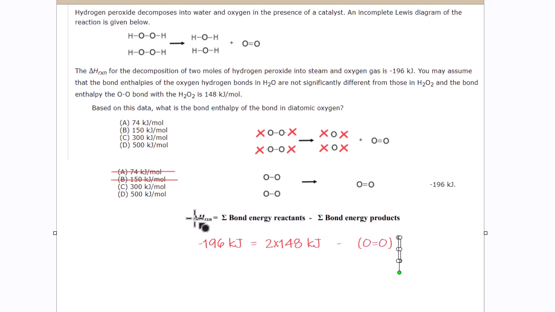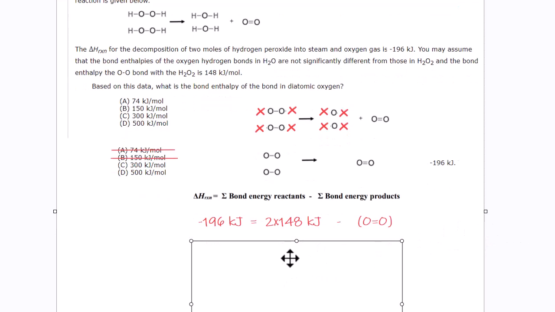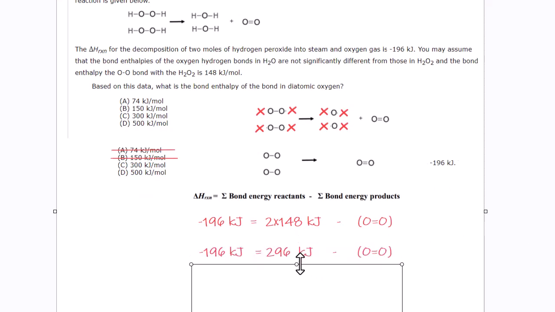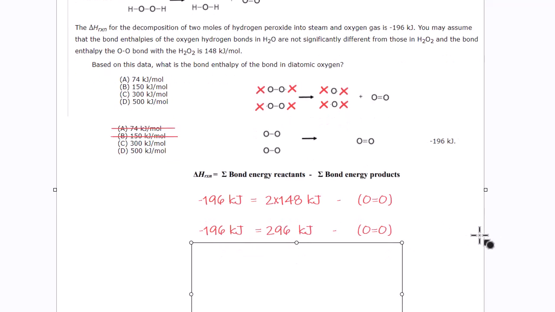This is the only reaction where we've got the reactants before the products, but that's because we have delta H here and we have bond energy here. Well, the math is going to be easy. You've got a calculator now with the multiple choice exam, so we can just put these numbers in. 2 times 148, 296. This is now algebra. That's very, very solvable.